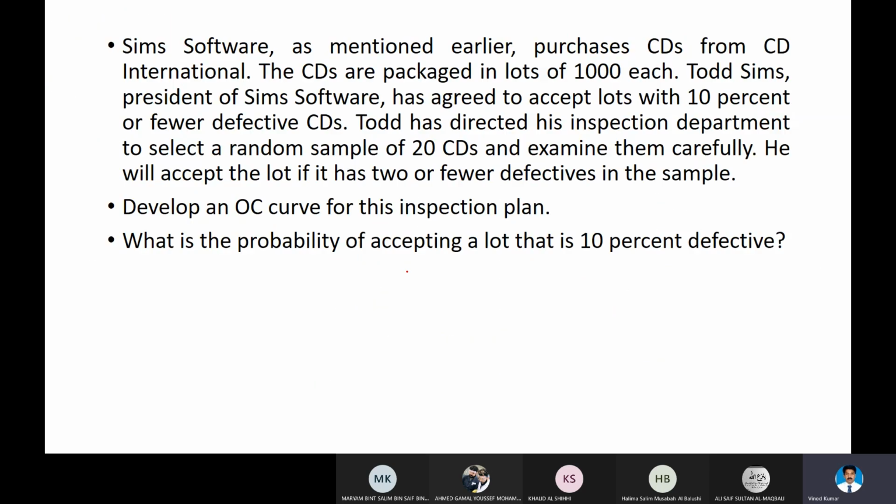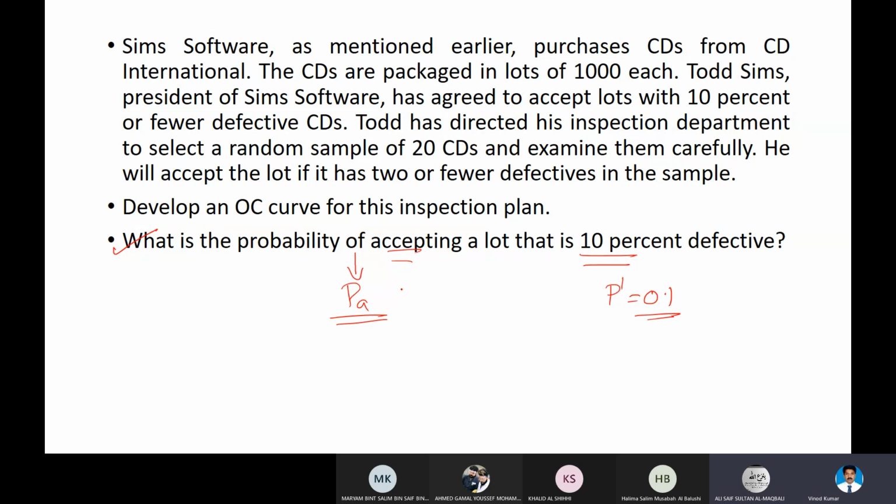Analysis means what? For example, a question is given here. Can you read this? What is the probability of accepting the lot? Accepting means PA. If the lot is 10% defective, 10% means P dash 0.1.